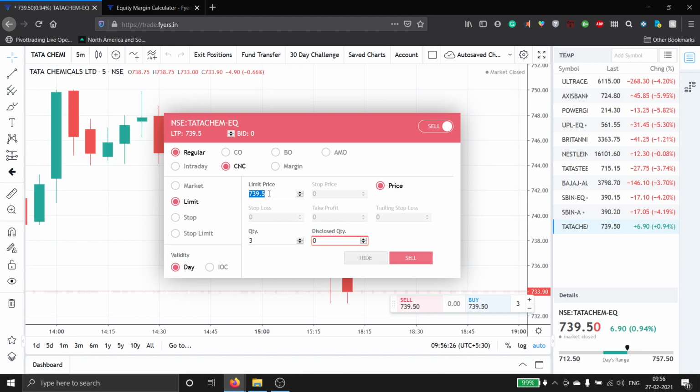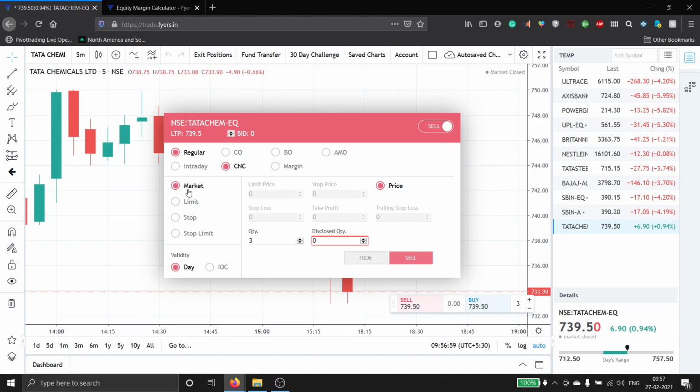Similarly, in the limit order, you have the option to set the price. You can set the price as per your ease. So if you want to buy at 739.6, you can set it up. But the problem in this, you can't sell at a lower price. That is, you can't sell at 739.4. So this is the meaning of limit price.